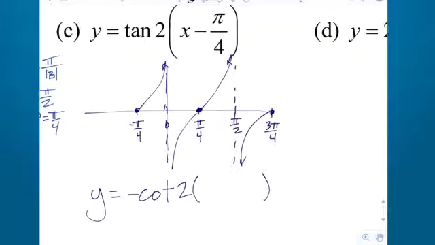We have a vertical asymptote already on the y-axis, so we don't even really need a phase shift. We can cut that shift out, right? We can just call it negative cotangent of 2x. You could do x minus pi halves if you really want, but negative cotangent of 2x works great.